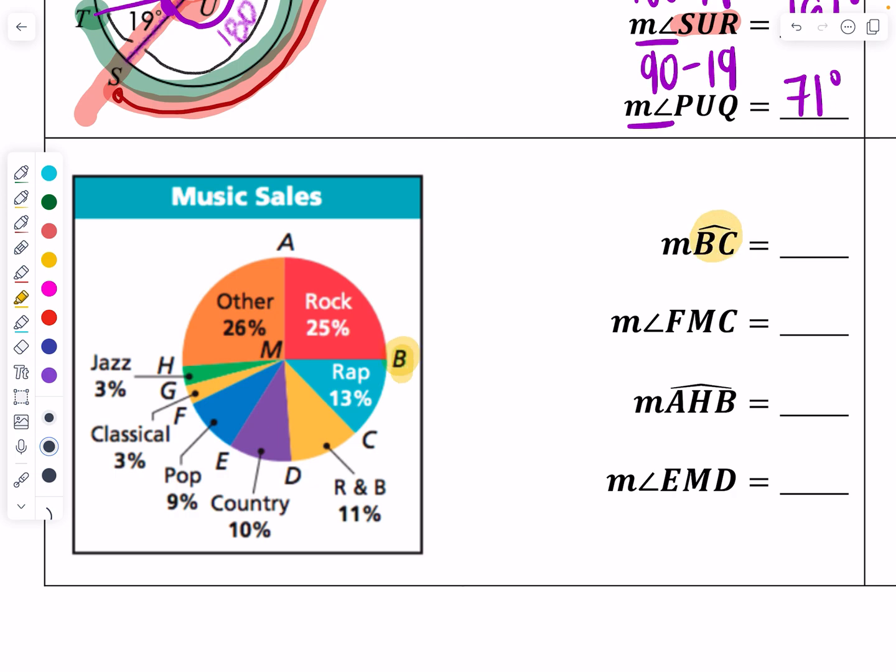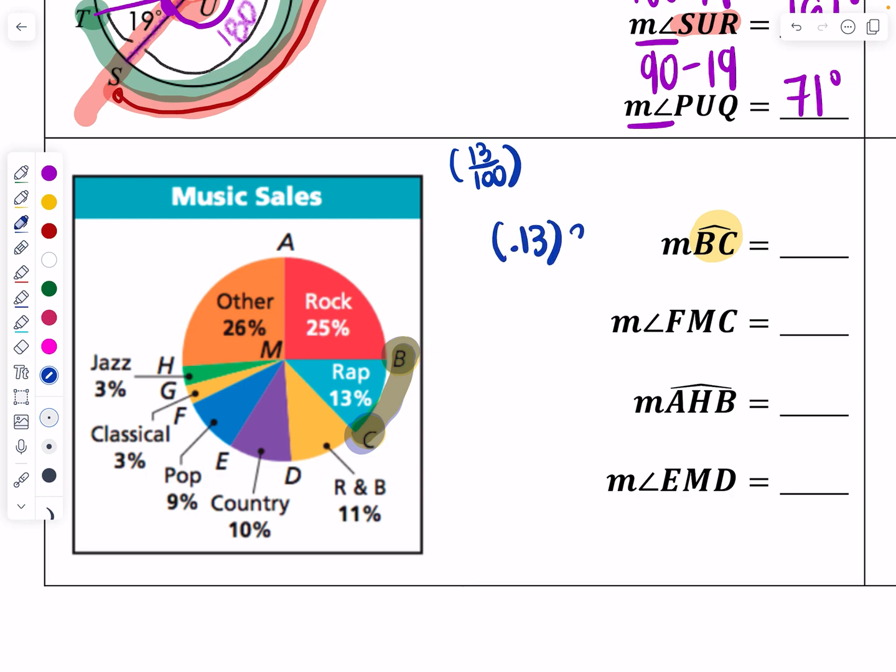Starting at B, going to C, that is going to be our rap category. What we want to know is, in this rap category, how much of the 360 does rap take up? When we turn 13% into a decimal, that is 13 out of 100, which gives you 0.13.